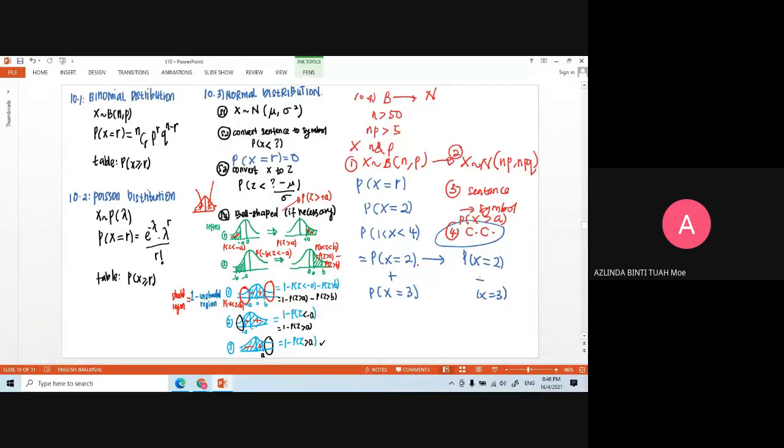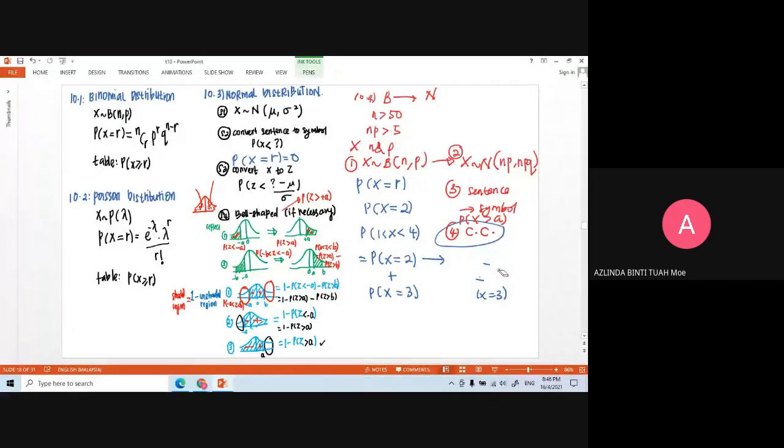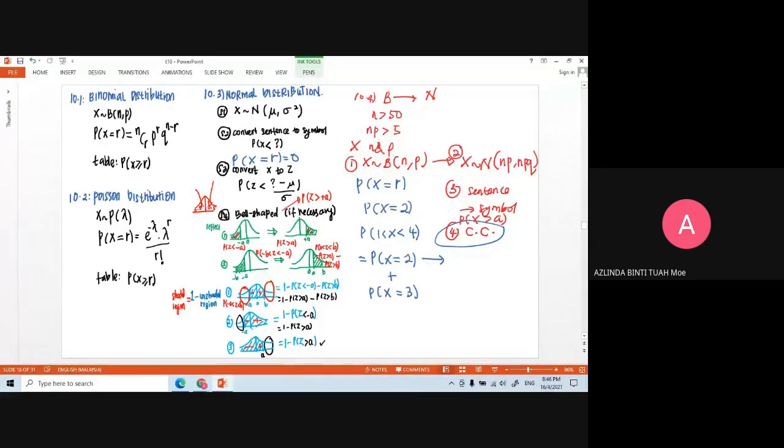Okay, contoh, kalau saya ada P(X = 2) dalam binomial, bila kita convert jadi normal, daripada dunia integer, ni dunia integer dalam binomial, pergi ke dunia decimal number, apa yang berlaku adalah nombor integer tersebut akan menjadi nombor perpuluhan dengan cara kita akan ambil range dia plus and minus 0.5.